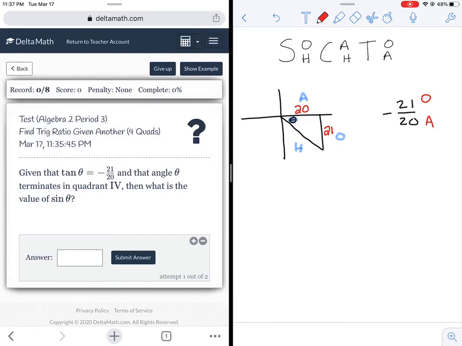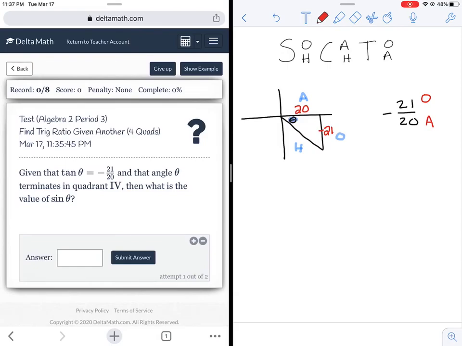Now, there is a negative there, so you need to figure out which one is going in a negative direction. If I go this way on my axis, is that a negative direction? No. If I'm going down on my y-axis, that is a negative direction. So this is going to be the negative. That is negative 21.